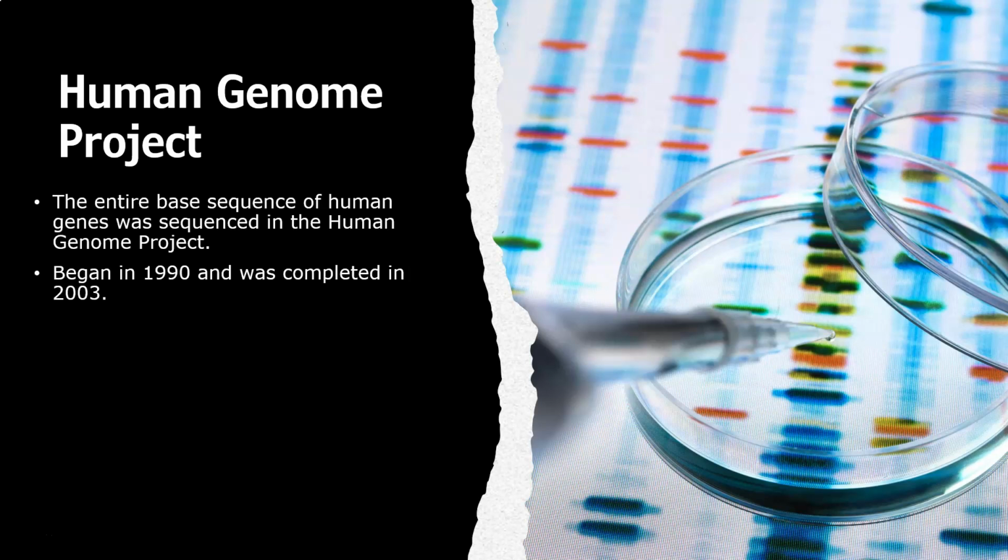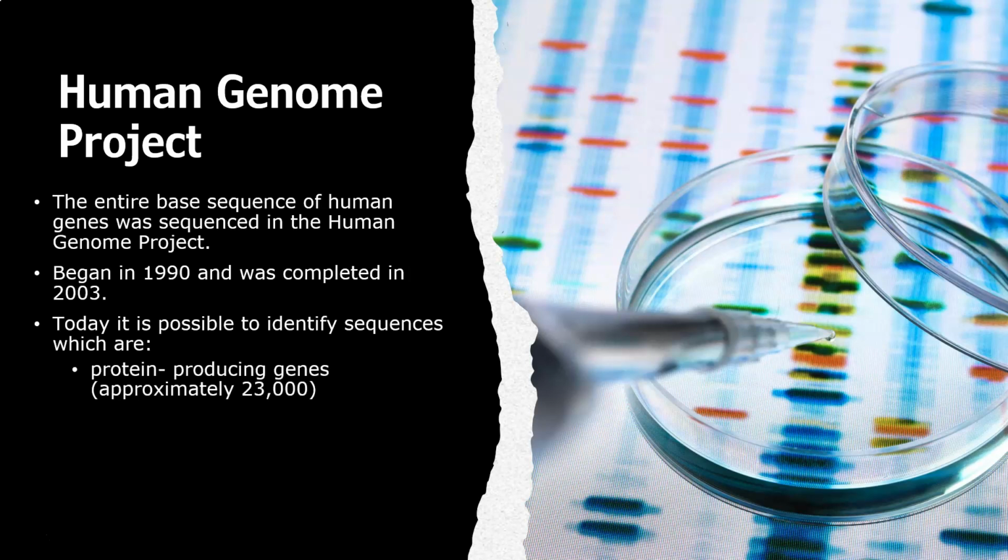It began in 1990, this Human Genome Project, and was completed in 2003. Today it's possible to identify sequences which are protein producing genes, and there's approximately 23,000 of these in the human genome. We've got non-coding sequences that are not actually transcribed as well.